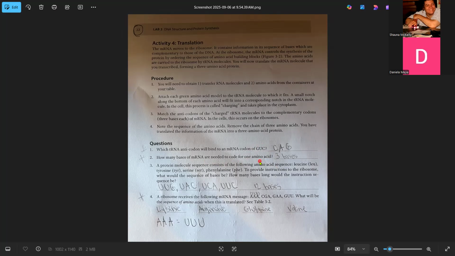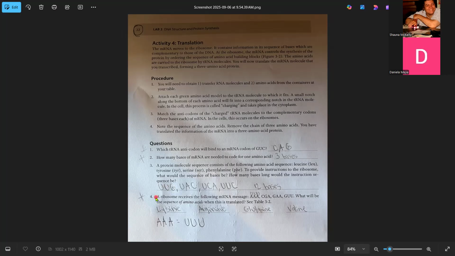So he had you look up the codons for leucine, tyrosine, serine, phenylalanine. So you had to look up the codon, and then you had to write the instruction sequence for it. UUG, UAC, and that would be 12 bases, because 3 for each, there are 4 proteins.